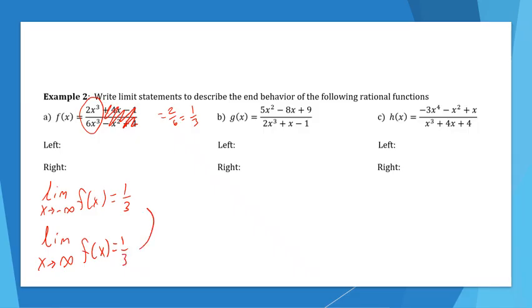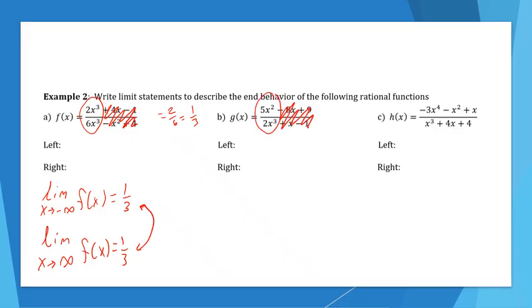Which is what's nice about these is that the left and the right hand limit statement, when there's a horizontal asymptote, will always be the same, right? These two limit statements should always be the same number for any equally or even bottom heavy function. Which brings us to B, which is a bottom heavy function, right?